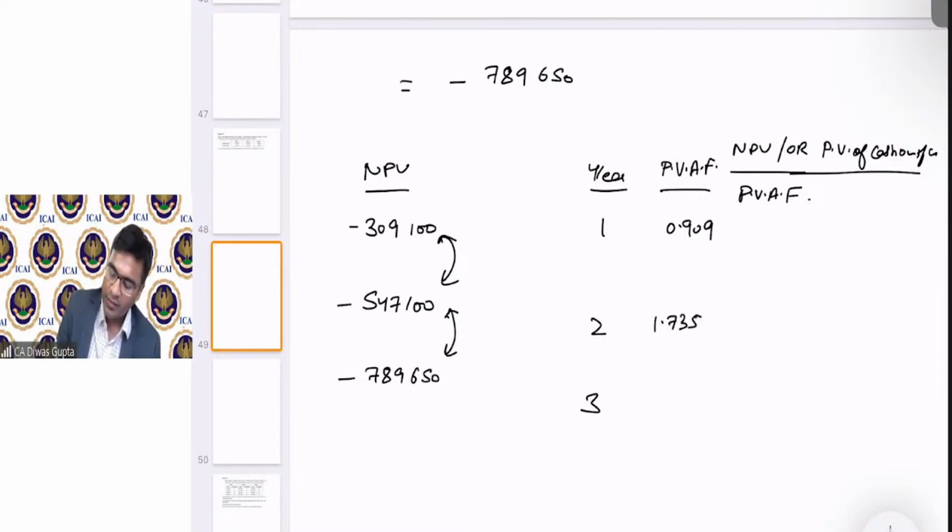Then for the third year, 1.735 plus the third year conversion factor, total 2.486. Okay, these are just simple present value annuity factors. I hope everyone is with me till now. If there is some question, please do put it.